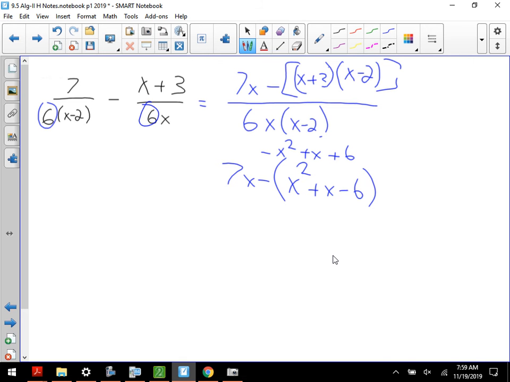Minus x, oh, thank you, I was getting ahead of myself. Our new numerator, when I combine that with the 7x, gives me negative x squared plus 6x plus 6 all over 6x plus 2. And I'm done.